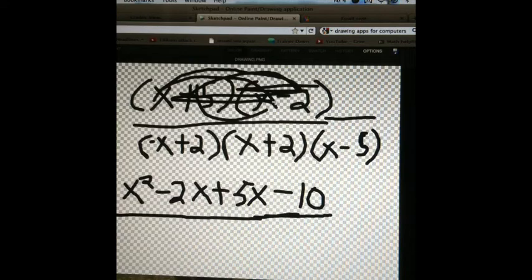Now we're going to do, let's see, negative x times x, and then also this one, so you're going to end up getting a negative x to the third.